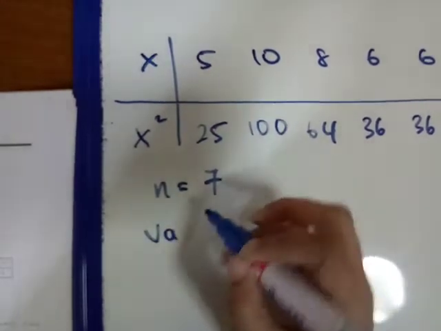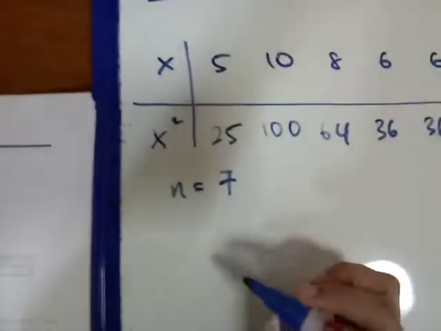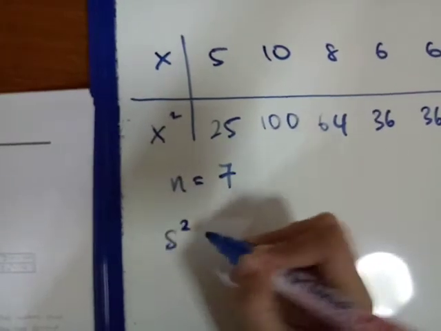To calculate variance, the symbol is S square.